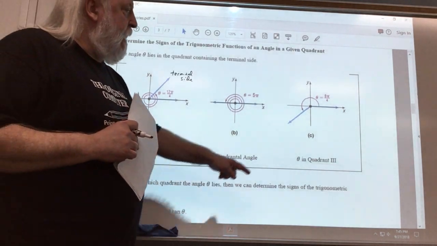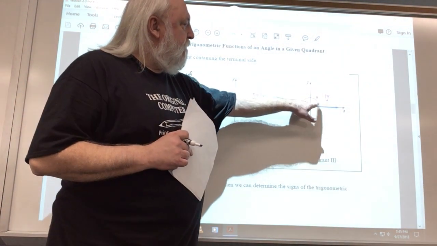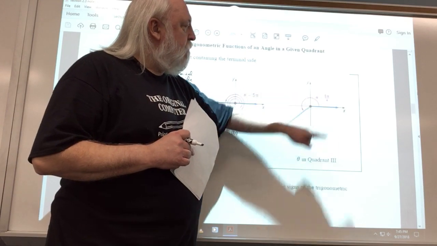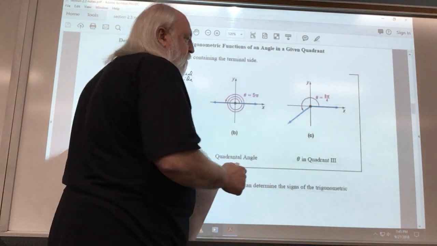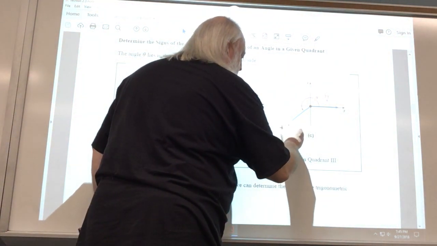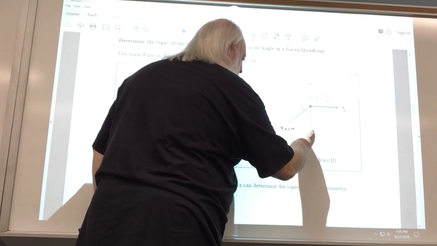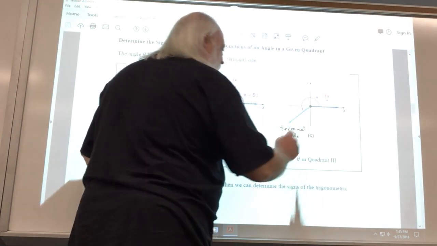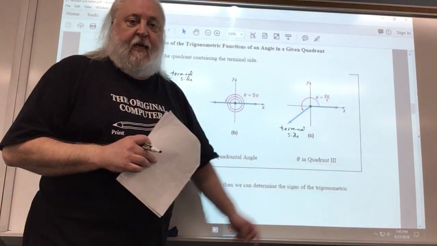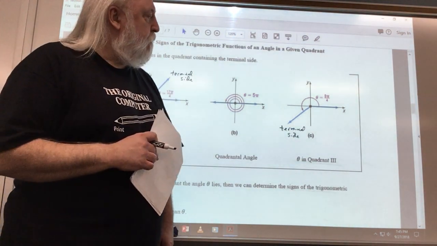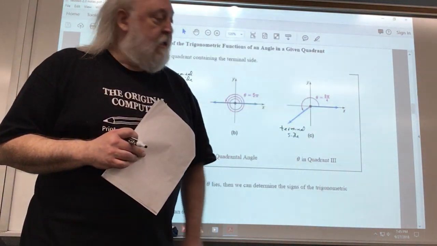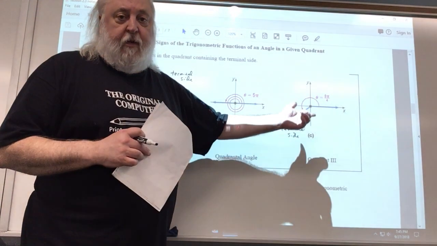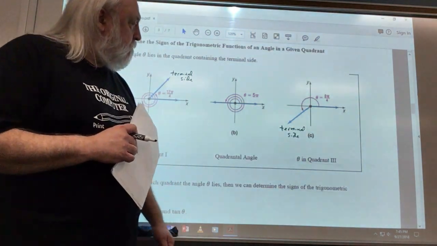In this third example, we have the graph of the angle theta equals 5 pi over 4. Here's the terminal side of that angle, and the terminal side is contained in the third quadrant of the coordinate plane. So we say the angle theta lies in quadrant 3, in the third quadrant.